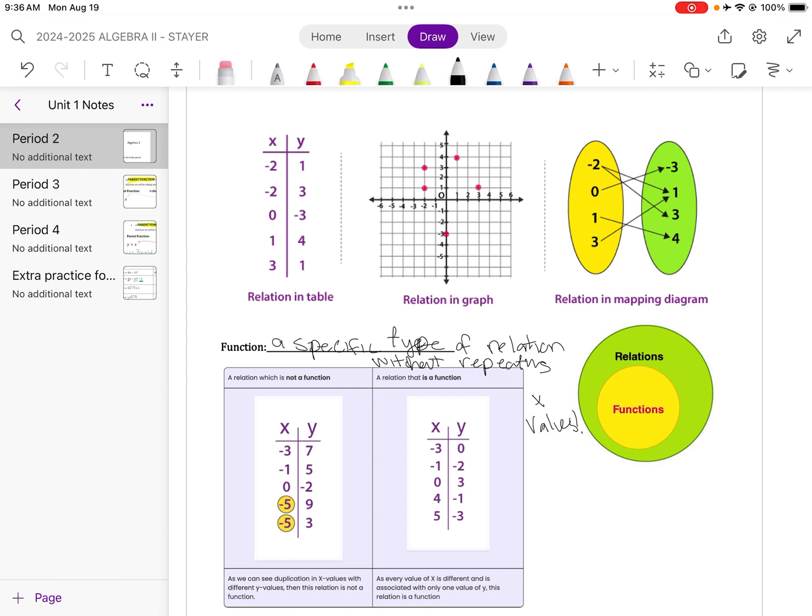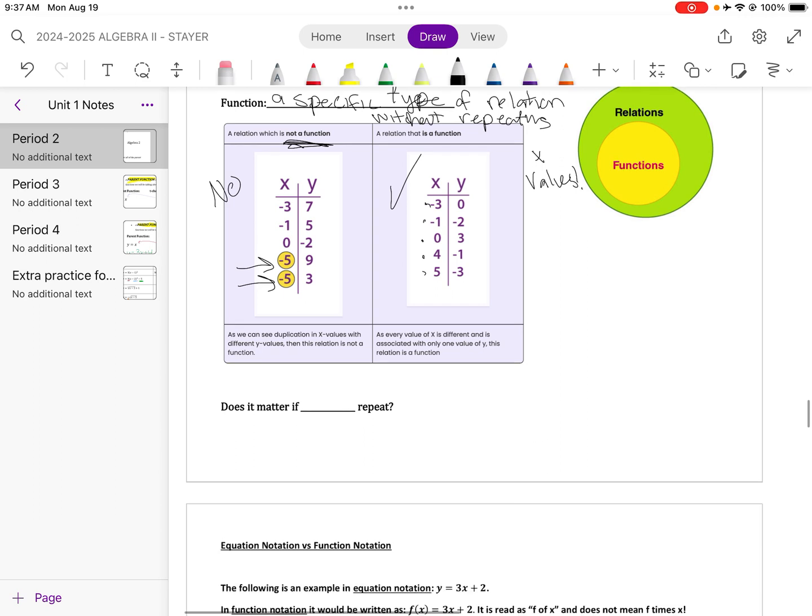You can see here's one that's not a function, right? It's not a function because look, see how there are two repeated x values? But this one is a function right here, okay? The reason it is because if I look at each one of these, there is no repeating, right? So therefore it is. Now you could look at that on a graph or a mapping diagram as well.